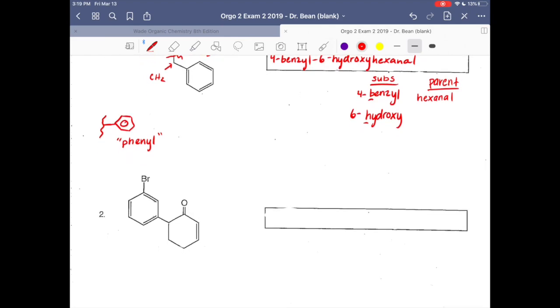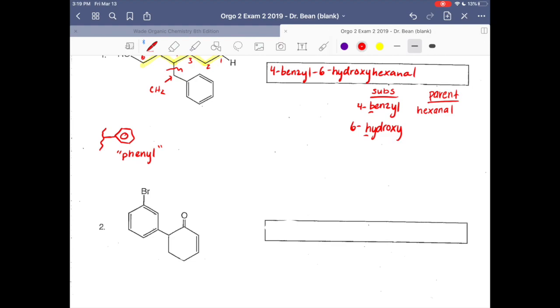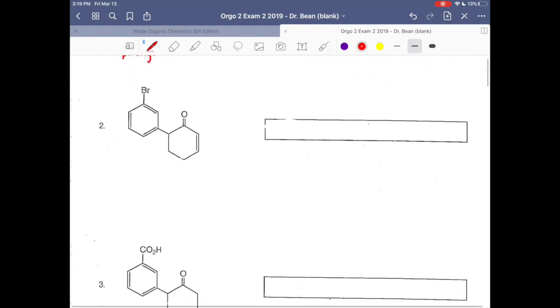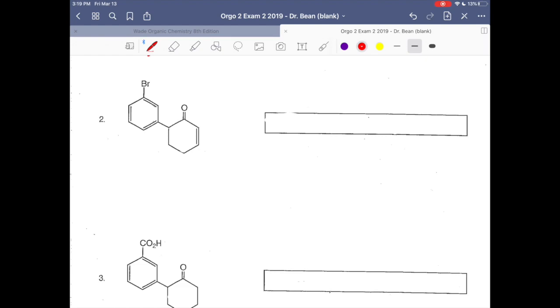You guys can type up if you have any questions about the first problem, okay? Now let's move forward to the next one. Of course, our first step is going to be identifying what is our highest priority group, and from that, picking our parent. So what do you guys think is our highest priority group? Our highest priority group in this molecule is going to be the ketone. It's going to be this right here. Once we have established that, we need to make the parent about that ketone.